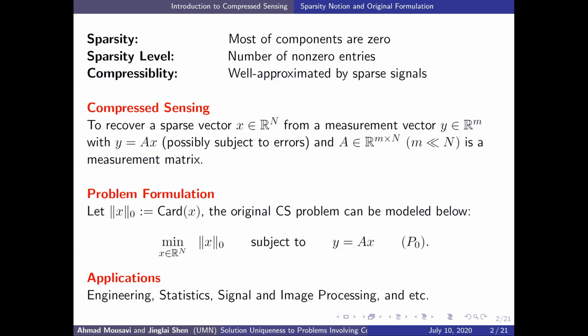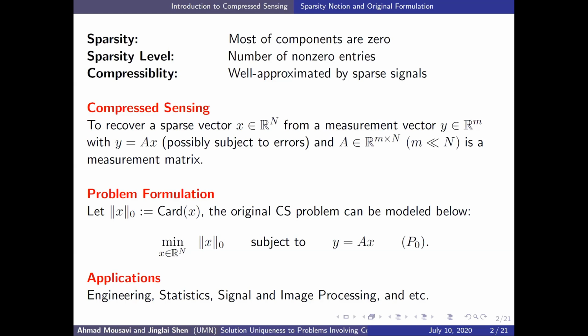For example, the vector (1, 0, 0, 10 to the negative 8) can be approximated by a sparse vector. So that's a compressible vector for us. So what is compressive sensing?